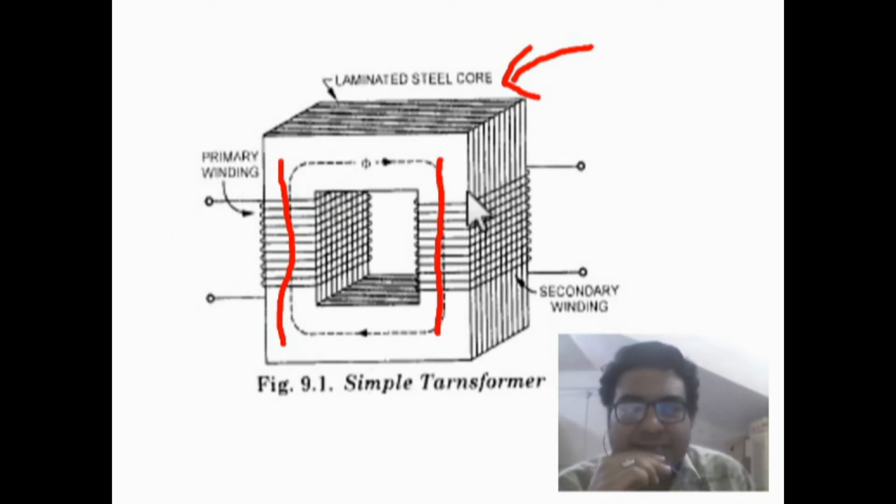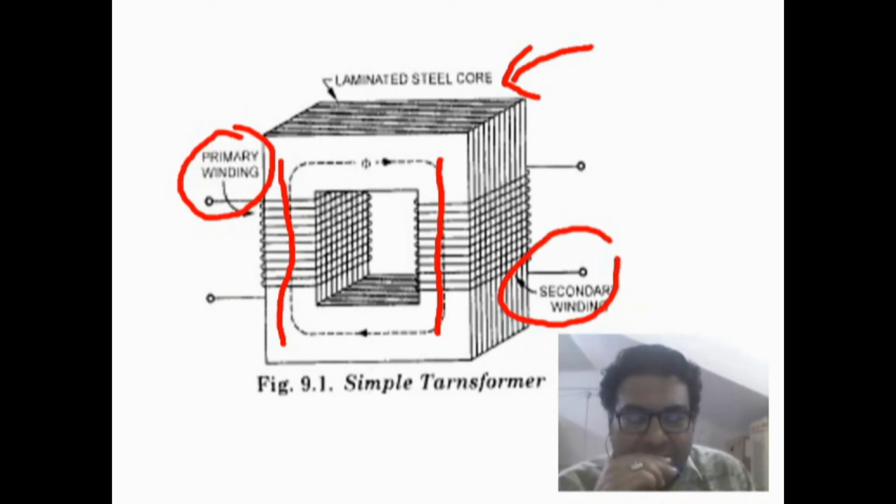So these are the copper windings wound on the core section. This is the limb section of the core, and this is called the primary winding, and this is called the secondary winding. Here also insulated copper windings are wound on the limb of this side of the core.